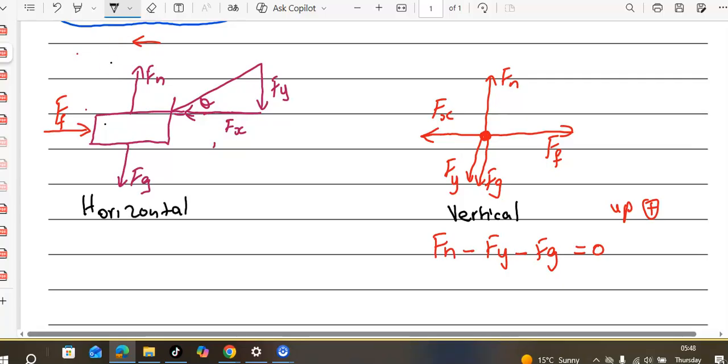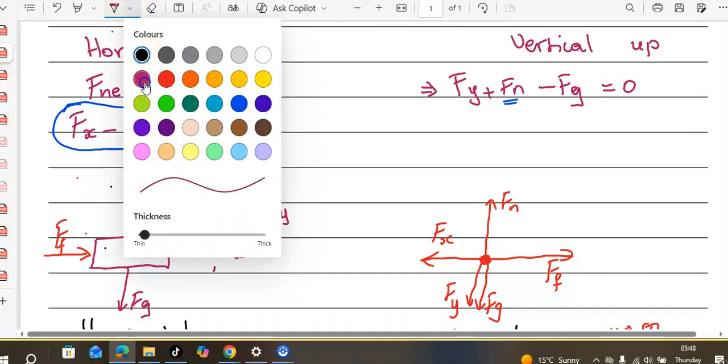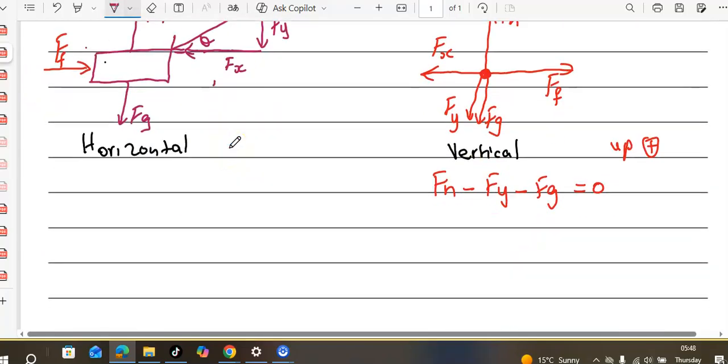A quick tip, the horizontal will be the same as this one, because still the force of friction and the horizontal component go in different directions. Just to not be confused, we always choose the direction of the motion as positive.